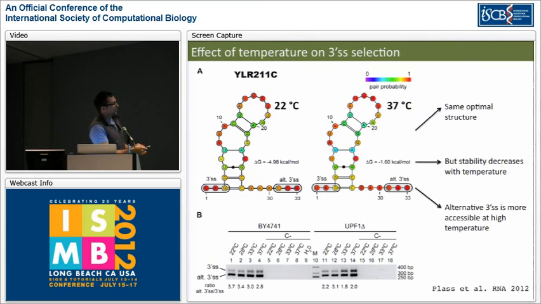But what changes is the accessibility and the base pair probability of all the bases. If you can see, the orange of this CAG goes into a more red CAG for the alternative sites at high temperature. That means that the accessibility increases for the alternative site. So our model doesn't predict this one at 22 degrees, but it predicts this one at 37. However, when we validated this experimentally, we can see it at different temperatures.